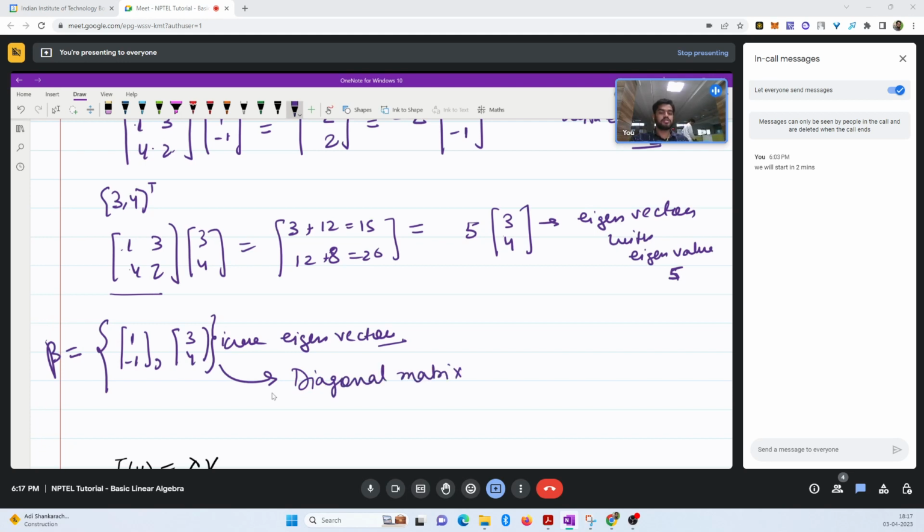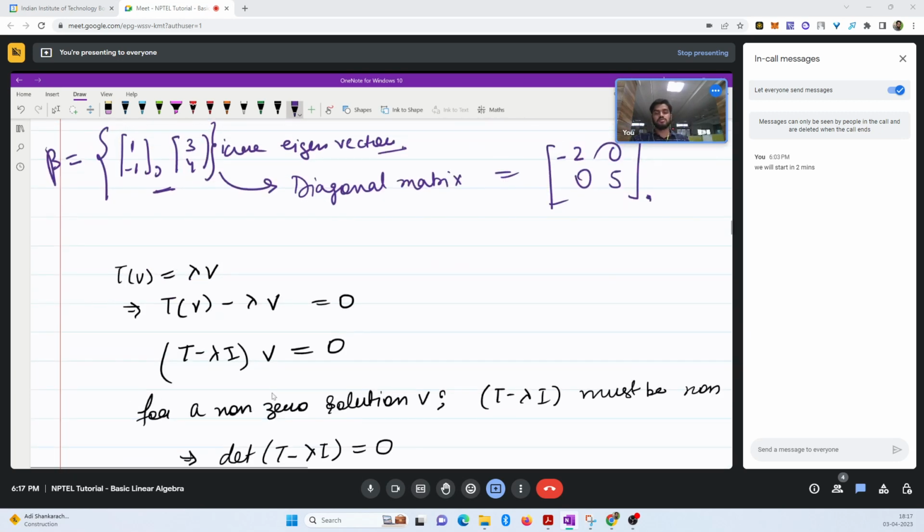And how would that matrix look? That would look something where your diagonal entries are your eigenvalues. So the first one is minus 2, the second one is 5. So it would look something like that. So with respect to this basis, you will find this particular matrix representation for your linear transformation.